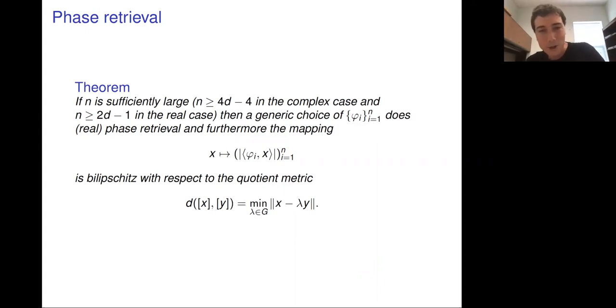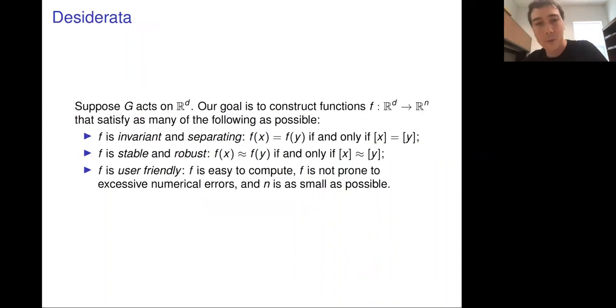The other point is that whenever you get injectivity here, you automatically get bilipschitz with respect to this quotient metric. Again, this was a bunch of different theorems condensed down into one, but this is the way that I think about these problems because I have this background.